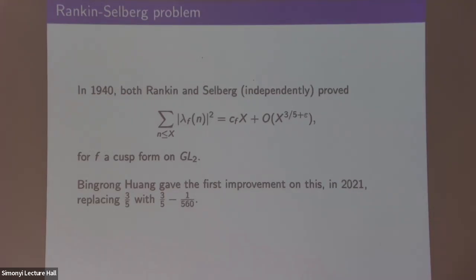So you get a main term of size x, and then an error term. The error term that they get is 3/5, and that basically was not improved until just a few years ago. Bingrong Huang improved on this slightly to get this 1/560 using some of Wunsch's delta method ideas.